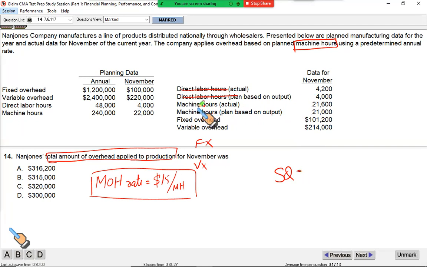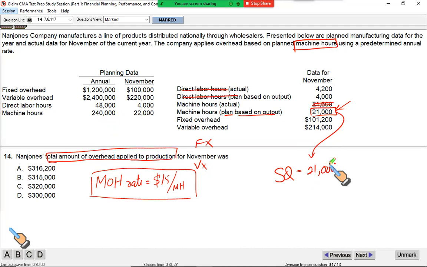So look at this. Machine hours actual, I don't need actual. I need machine hours planned based upon output. Whatever output you produce, you should have used these 21,000 hours. This is called the standard hours allowed for actual output. Whatever you produce, you should have used 21,000 machine hours. This is SQ. So we are going to write it as 21,000.